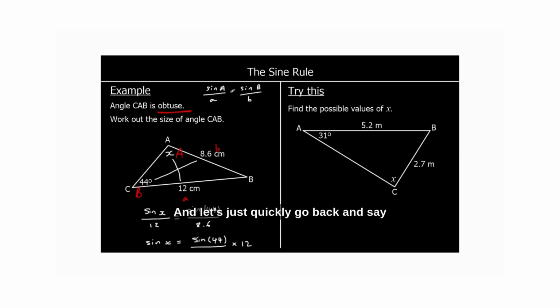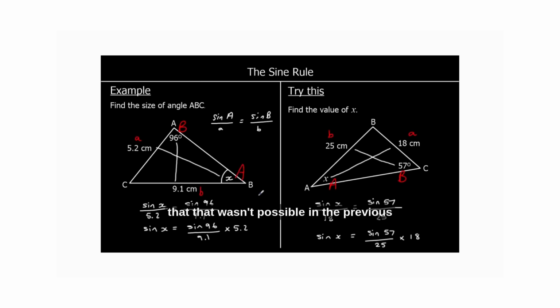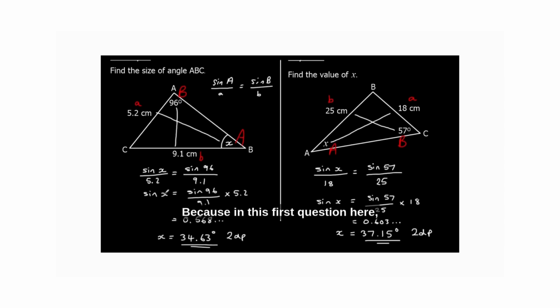And let's just quickly go back and say that that wasn't possible in the previous two questions, because in this first question here, if we'd done 180 minus 34.63, we would have had an angle of 145 degrees, and that wouldn't work because that would go over 180. And again, for this second one, if we had an answer of 143 degrees, that would be over 180, so there's not two possible answers.